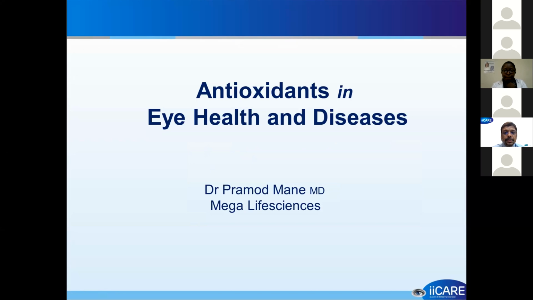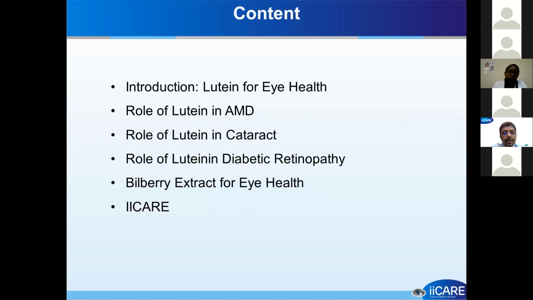I'm going to speak on updates on antioxidants in eye health and diseases, especially focusing on lutein, its role in AMD, then cataract, then diabetic retinopathy, then also digital eye strain, and also coming to another antioxidant and anti-inflammatory phytoextract, bilberry, and then coming to profile of eye care.